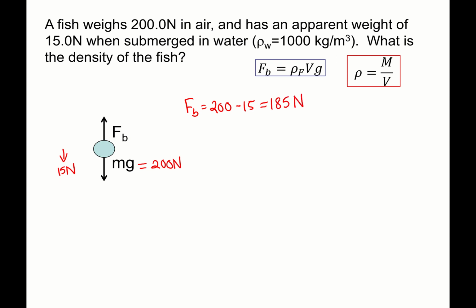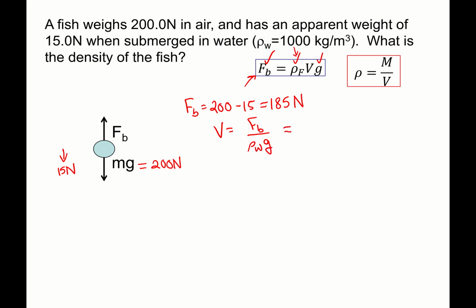Okay. And in water, the density of water is 1,000 kilograms per meter cubed. So if I look at my equation in blue there, I know my buoyant force, I know the density of the water, I know what g is, so I can find the volume of the fish: it is the buoyant force divided by the density of the water, and divided by g.